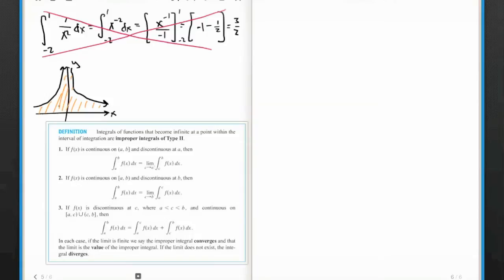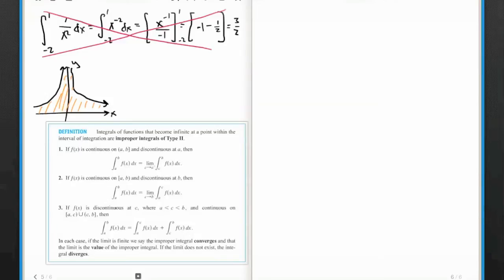So for instance, if I was just going from 0 to 2 or 0 to 5, it's continuous all along here, but it's discontinuous right at that end border. I'd have to replace this left border with a limit. Likewise, if it was from the other way, so say from -5 to 0, I'd have to replace this 0 with a limit from the left this time, and that's what this little b to the left means.